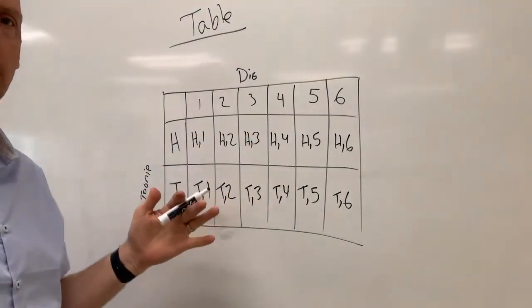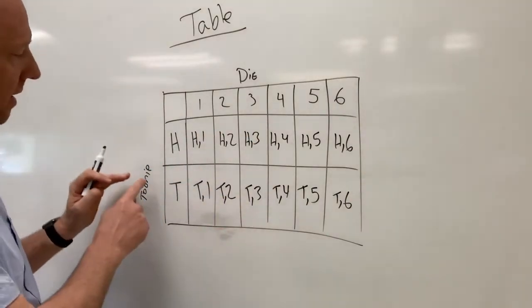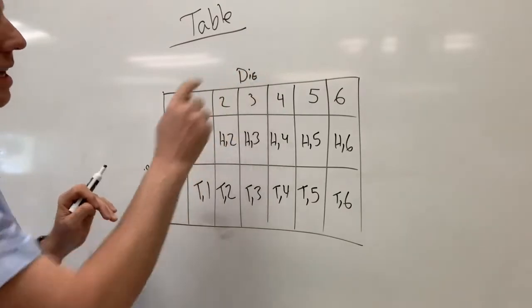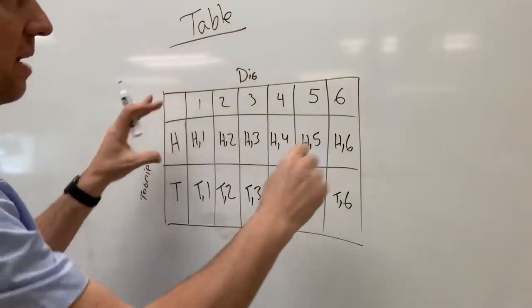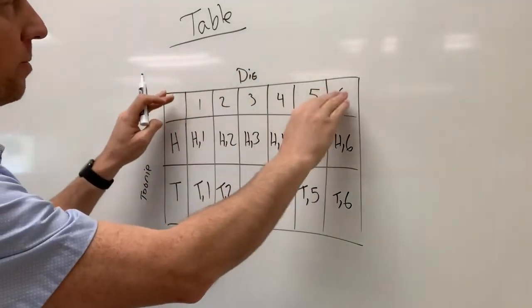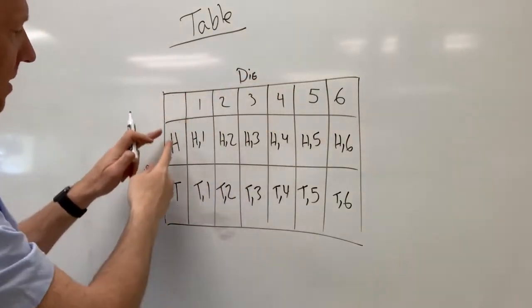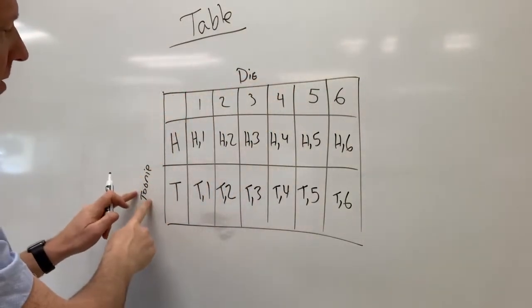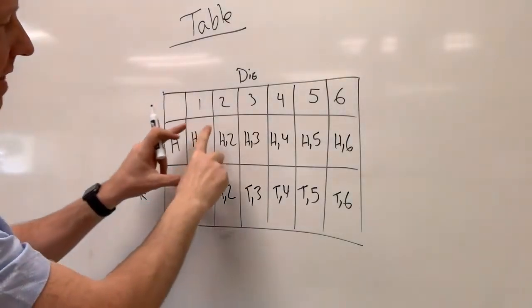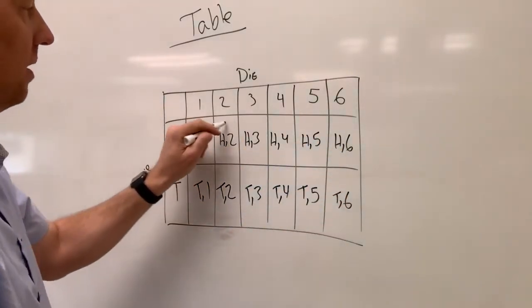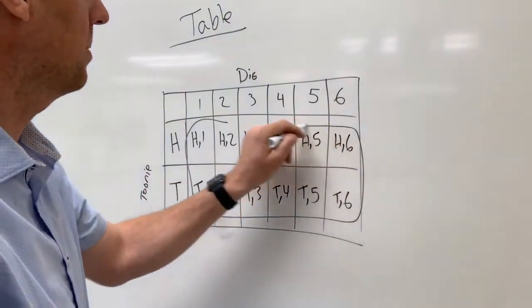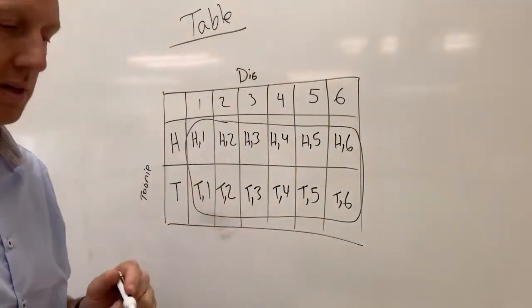Here we have all the possible combinations of flipping a toonie and rolling a die in a table. Again, along the top you have the outcomes possible for the die for the one event. Down the side you have the possible outcomes for the other event, and then in the middle of it you have all of the possible combinations or the possible outcomes for this event.